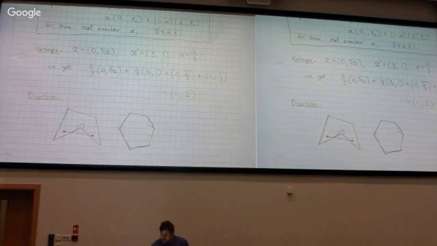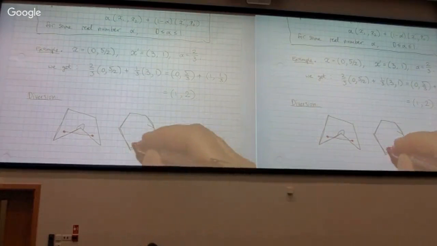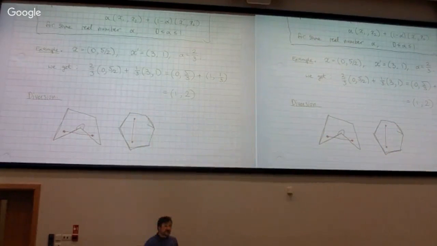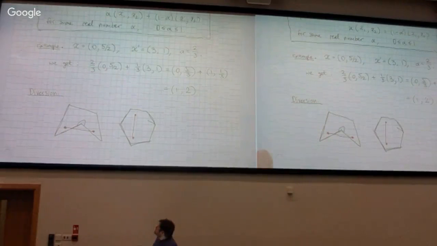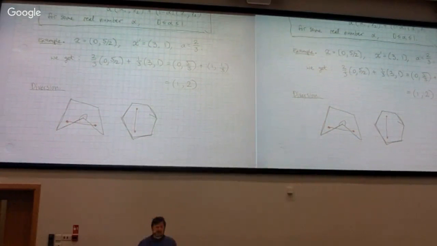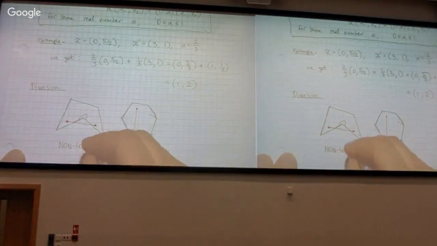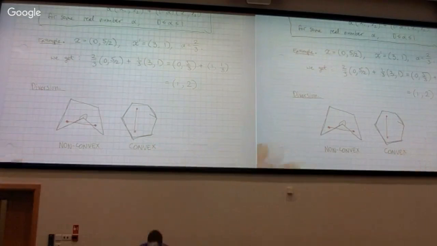Whereas in this one, no matter what 2 points you pick, the whole line segment will be inside the polygon. So that's the distinction between convex things and non-convex things. So this thing is non-convex, and this is convex because of that.